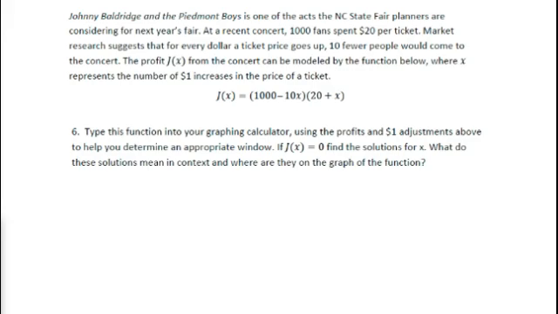And so going back to number 6 in your booklet, it asks you again to use your graphing calculator or Desmos to look at the graph, and then it asks you to find the solutions for x for the function when y is 0. We start with the original factored form of the function.